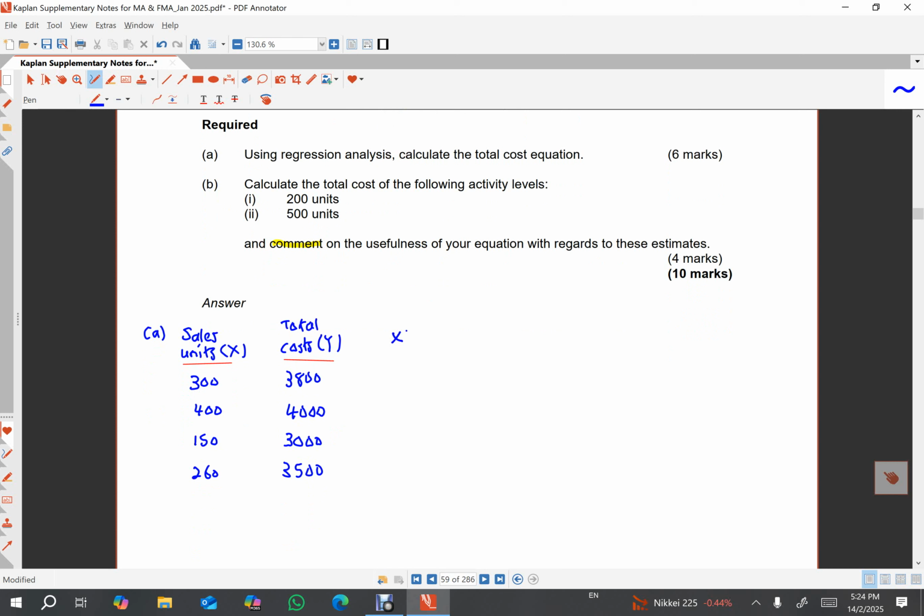Then we find XY and X to the power of 2.